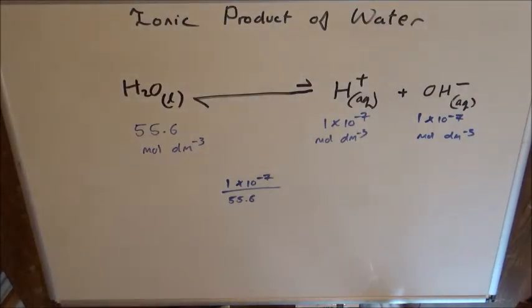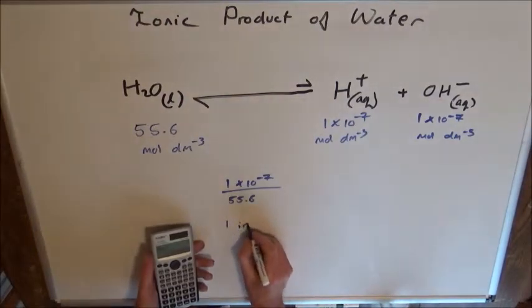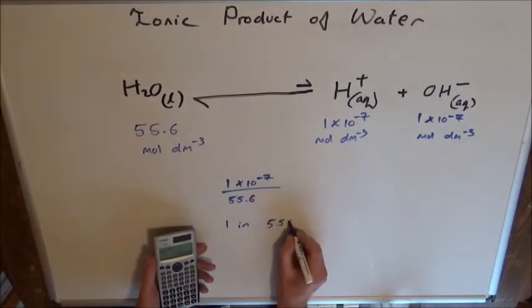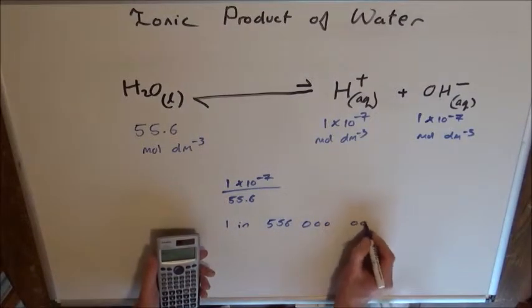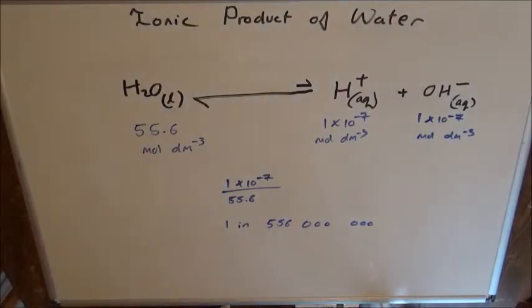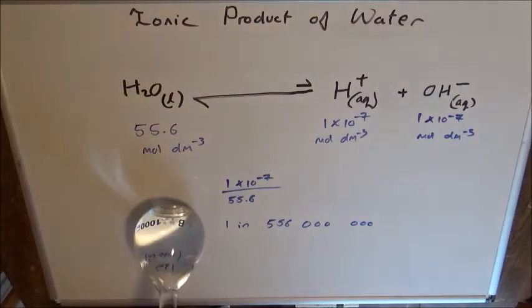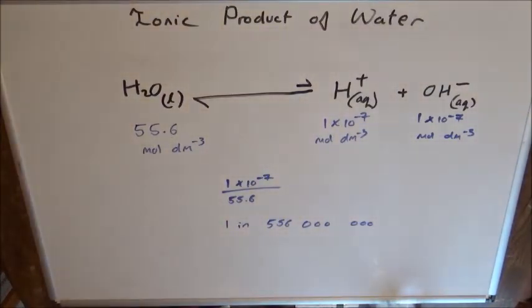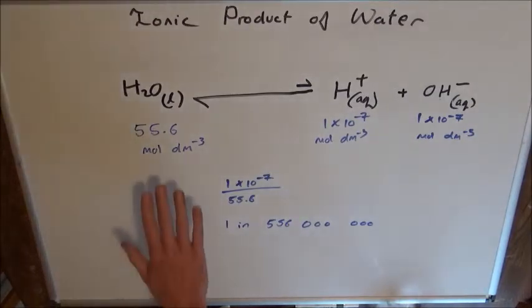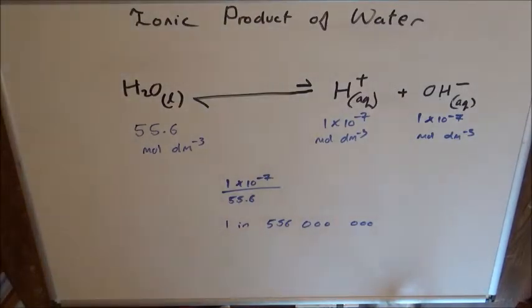But if I scale that up by taking the reciprocal, it's like saying 1 in 556 million. So that's a little bit more meaningful. In that decimeter cubed of water, only 1 in 556 million water molecules have dissociated. So that's a very large excess of this one.